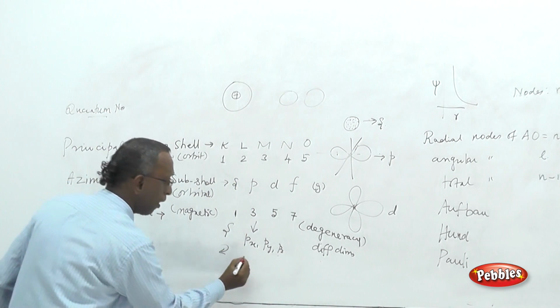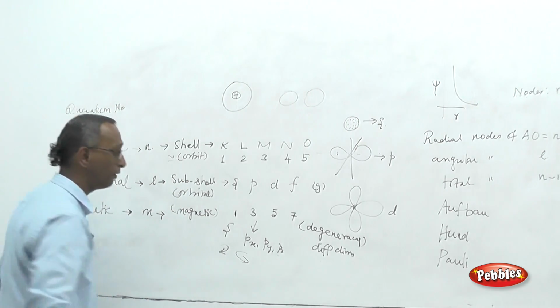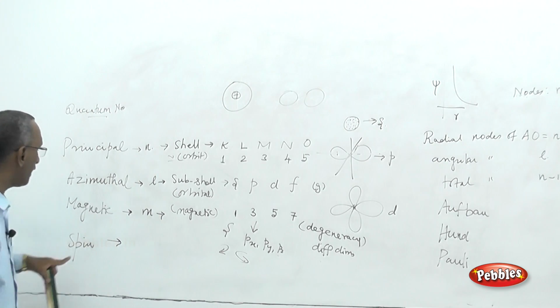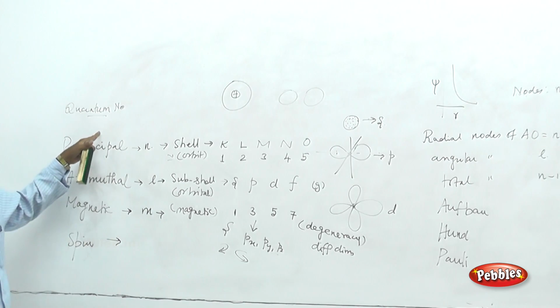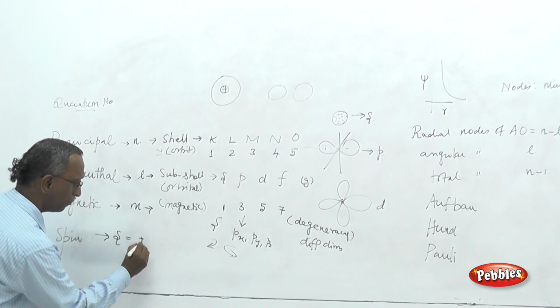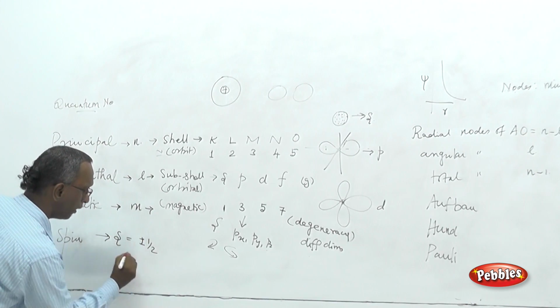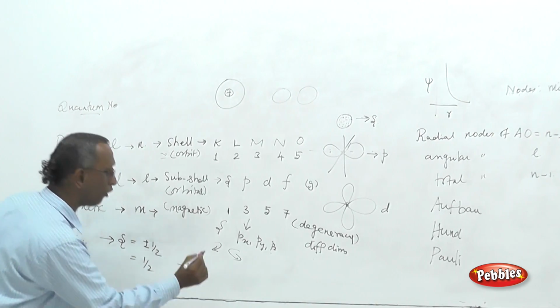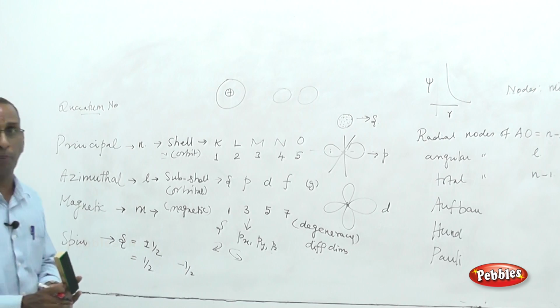One spins in the clockwise direction, another in the anti-clockwise direction. The spinning direction is given by the spin quantum number, denoted as small s. There are 2 values: s equal to plus half means clockwise spin, s equal to minus half means anti-clockwise spin.